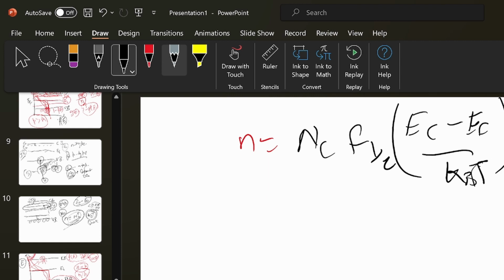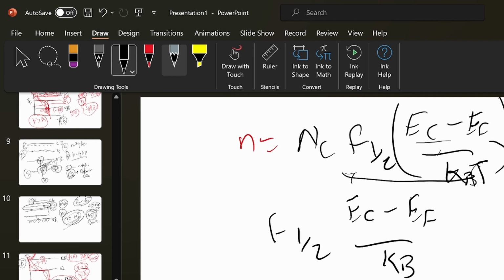Okay, so if this holds true, Ec minus Ef is greater than 3 kBT, then this function F of 1 by 2, this Fermi integral of Ec minus Ef by kBT, can be approximated to exponential of Ec minus Ef by kBT.